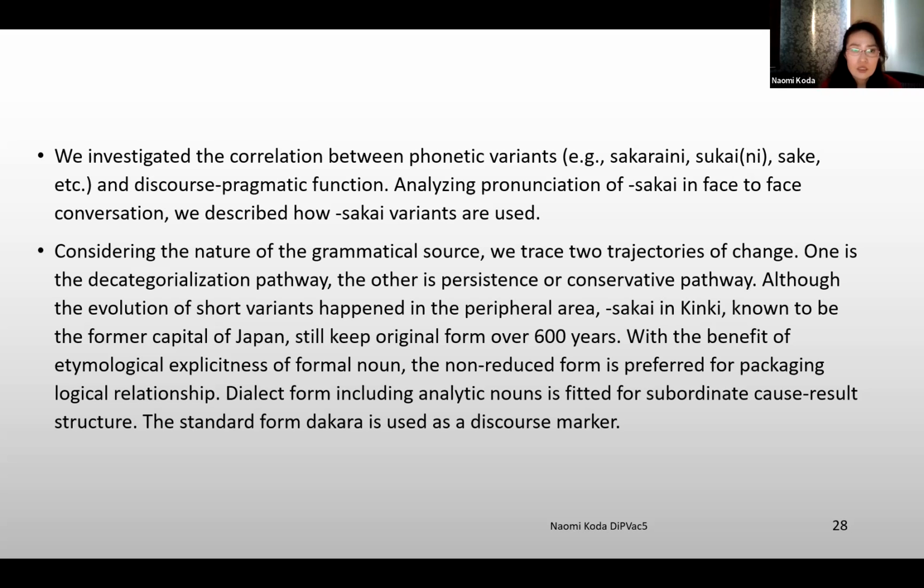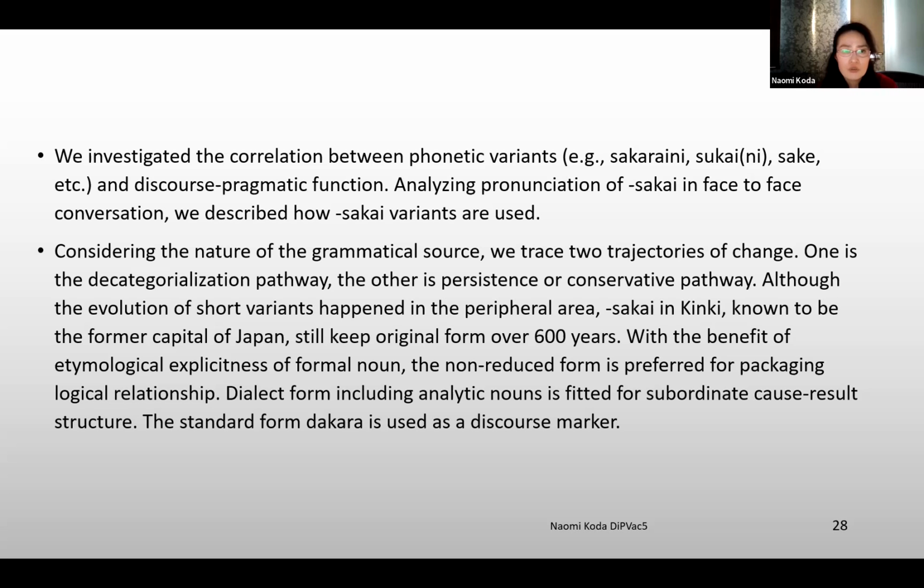One is the categorization pathway. The other is the persistence or conservative pathway. Although the evolution of short variants happened in the peripheral area, sakai in Kinki, known to be the former capital of Japan, still keeps the original form after over 600 years.